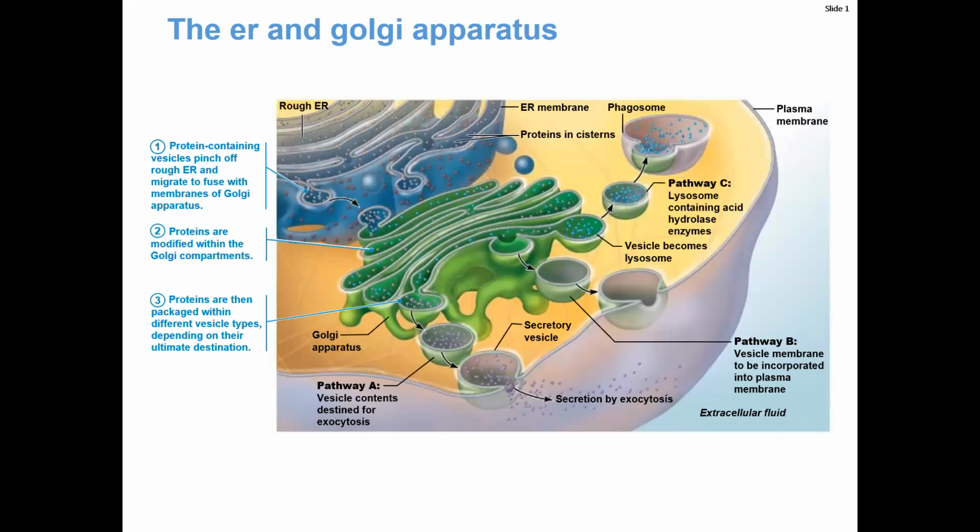And this is a great picture here because it shows you the ER with the vesicles coming off the rough ER, and then we have actually 3 different pathways. When we get to the cell membrane, we're going to release a protein, like you see at the bottom. We're going to incorporate that protein into the cell membrane. Perhaps it's an enzyme.